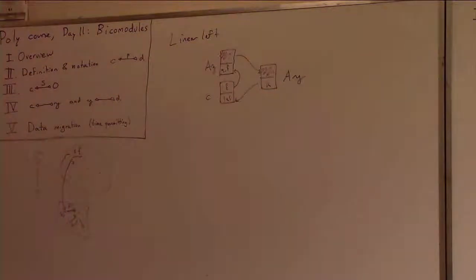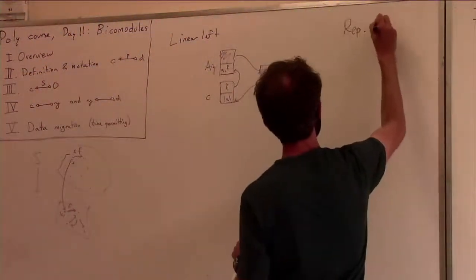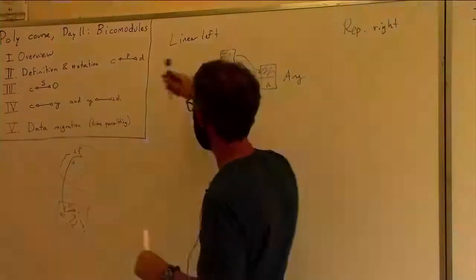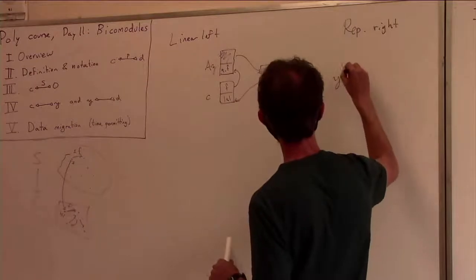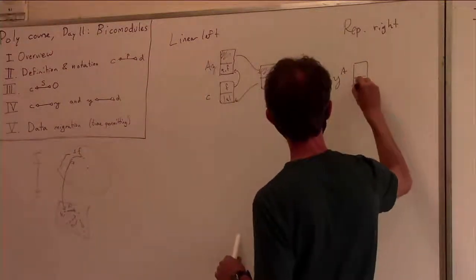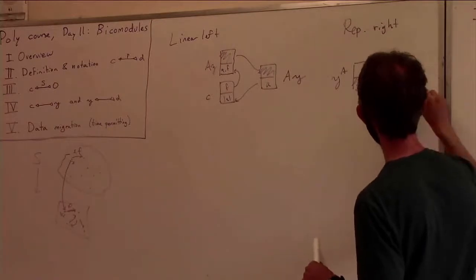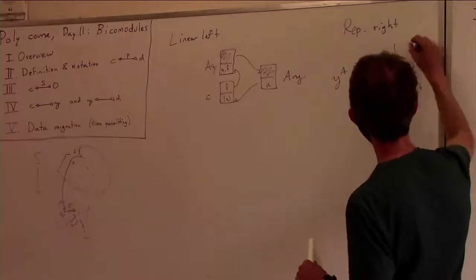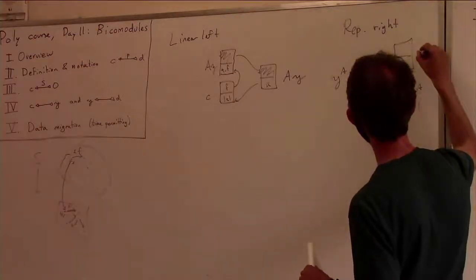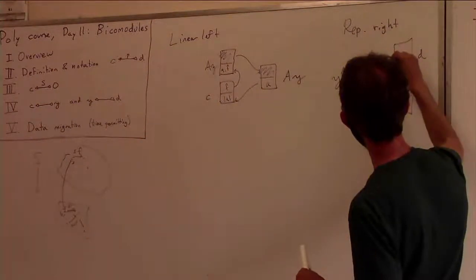And similarly for representable rights, let's suppose you had some P, and P happened to be Y to the A. In other words, it only has one position. So there's Y to the A again, and there's D, and there's no data there, there's a bit of data there.